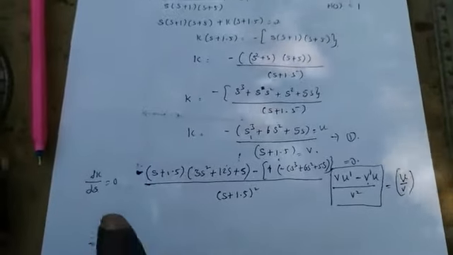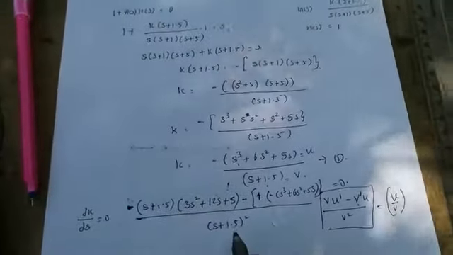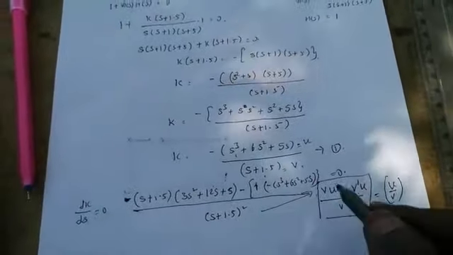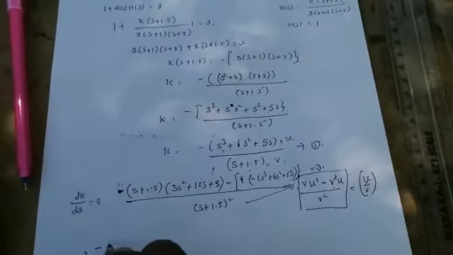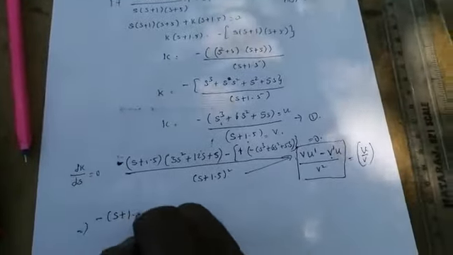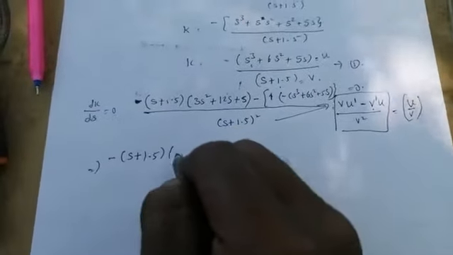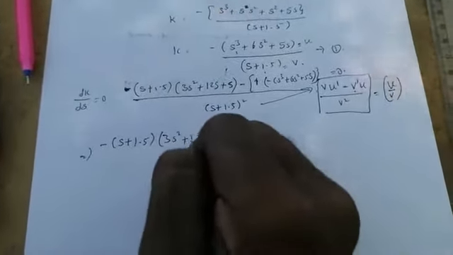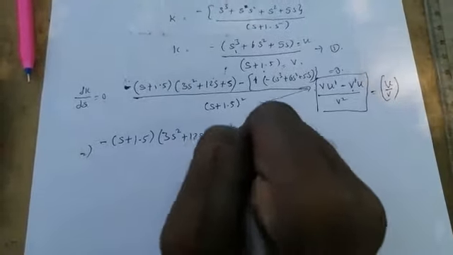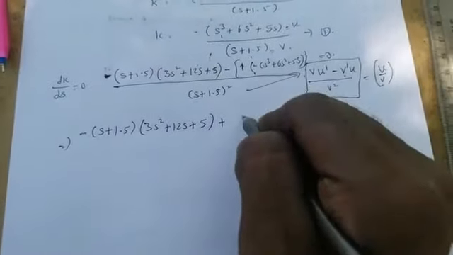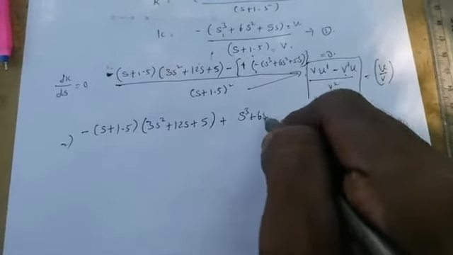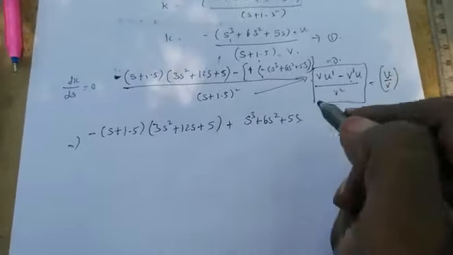So if you expand this equation, cross multiply, then it is equal to 0. So finally you will get minus of (s plus 1.5) into (3s square plus 12s plus 5) minus minus (s cubed plus 6s square plus 5s).